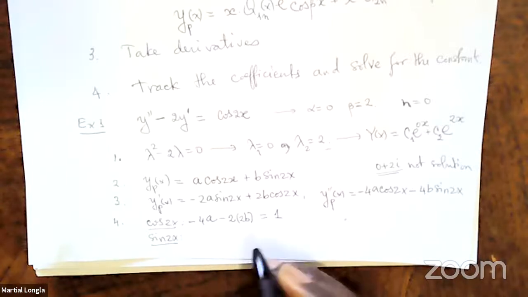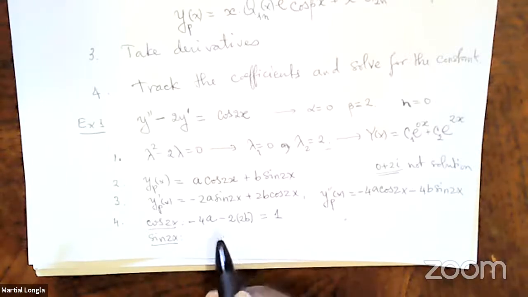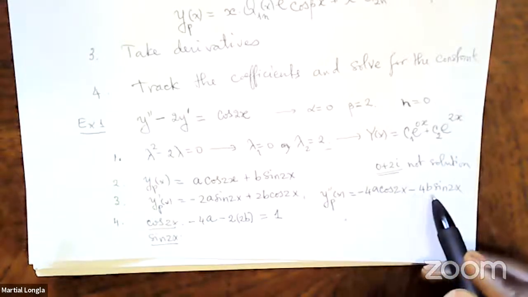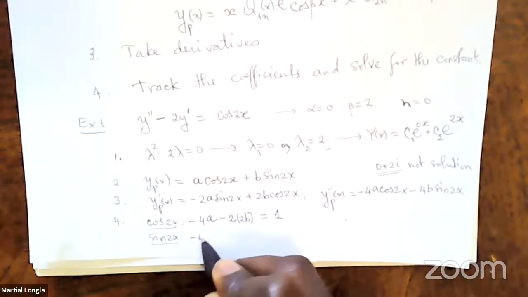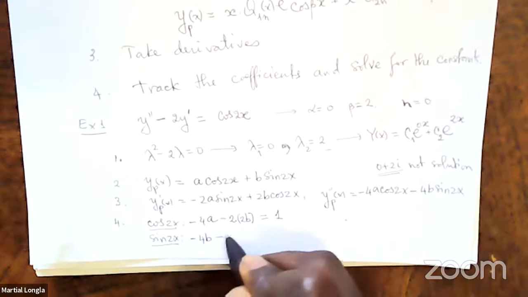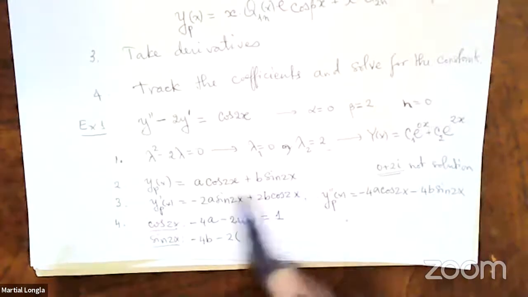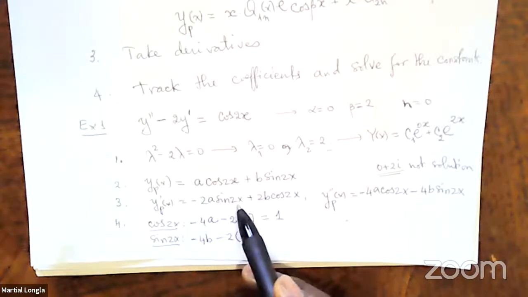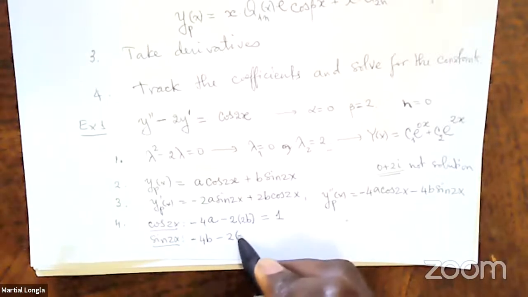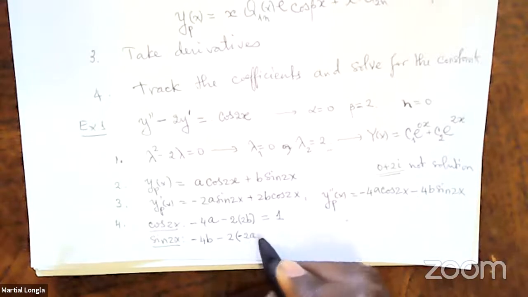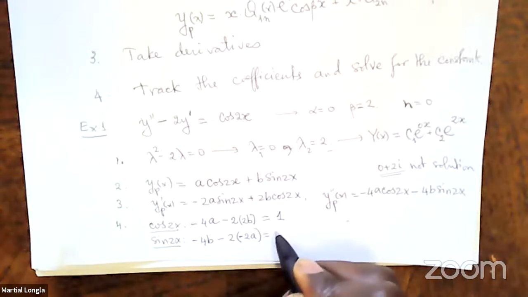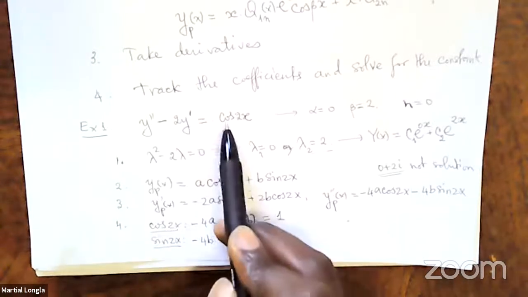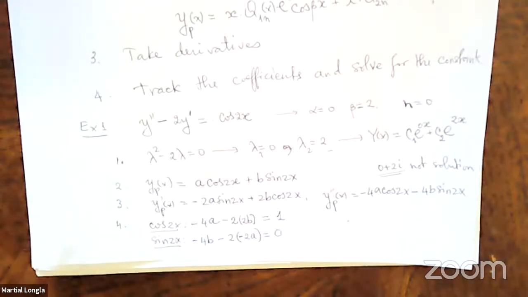Then you look at the second problem, sine of 2x, you go to the second derivative, sine of 2x is minus 4b. Then minus 2. Then you go to the first derivative, you look for sine of 2x, that's minus 2a. Equals 0. Because on the right-hand side of that equation, you don't have sine 2x.